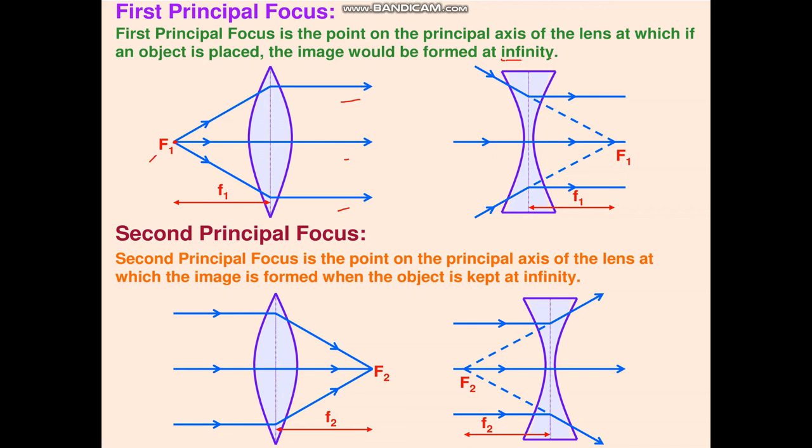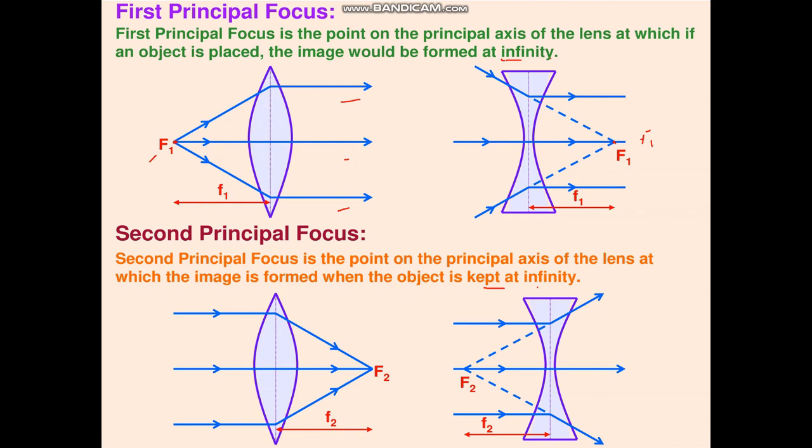Here you can see the rays which are coming, and they appear to come from this point. So this becomes the first focus. The second principal focus is the point on the principal axis of the lens at which the image is formed when the object is at infinity.